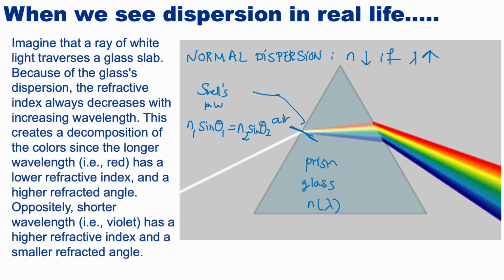So what this means is that if N2 reduces for the wavelength, the angle needs to increase, because at the end, everything needs to be constant. So the refracted angle is going to increase if the wavelength increases. And that's why we see such a decomposition when light travels within a medium.